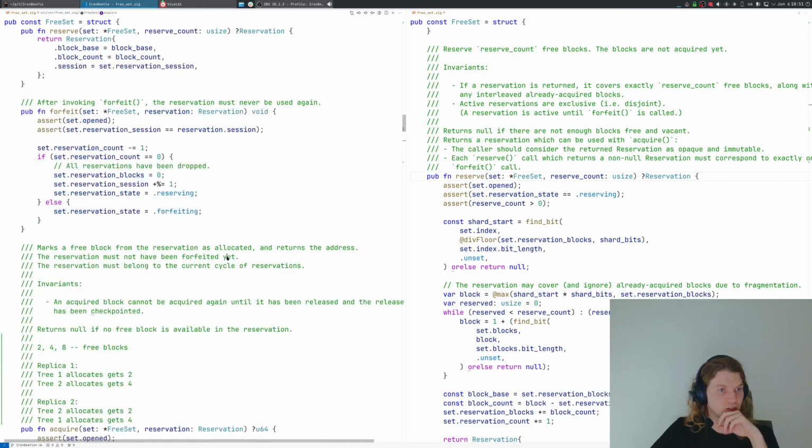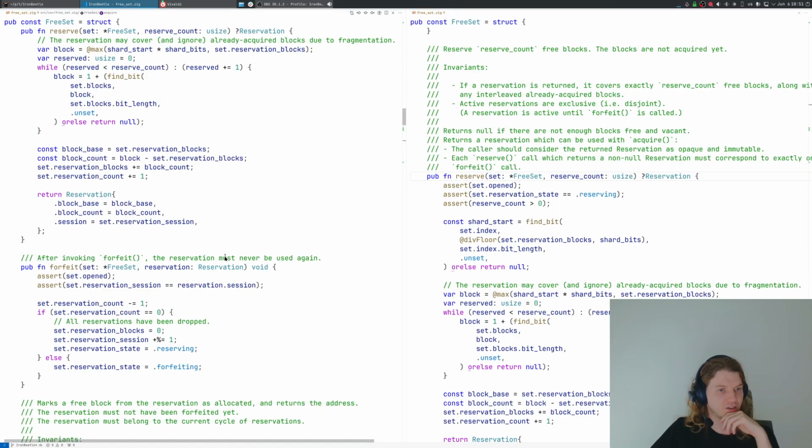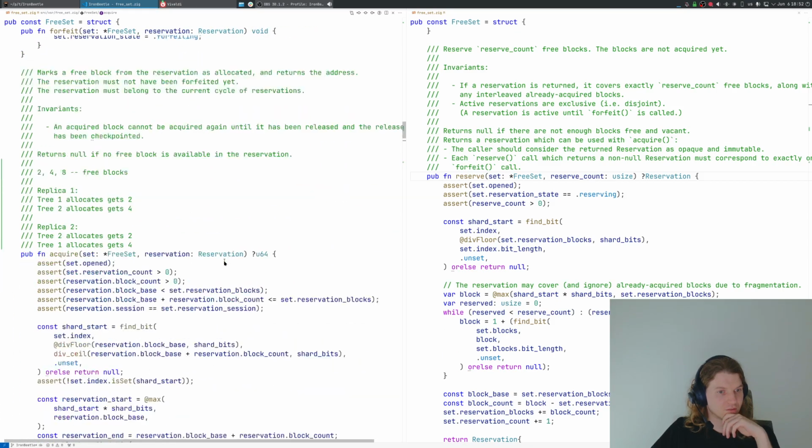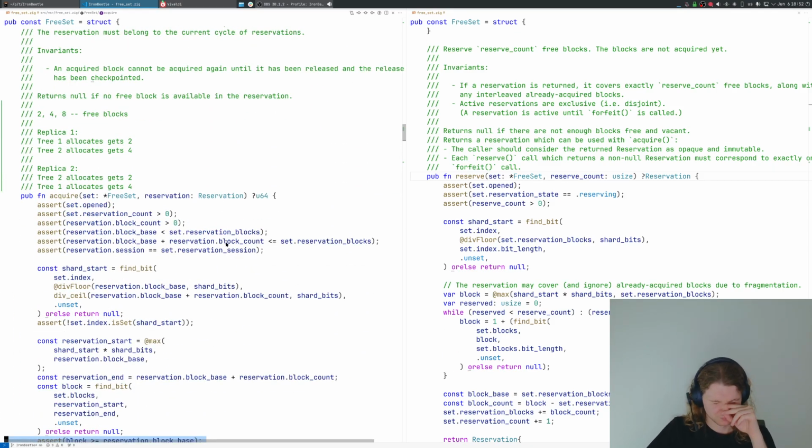So let's see, did we cover everything? Well, I guess, yeah. For reservations, another important bit is that concurrency is strictly managed. So first you reserve sequentially, then you allocate in parallel, then you start another round of reservations.